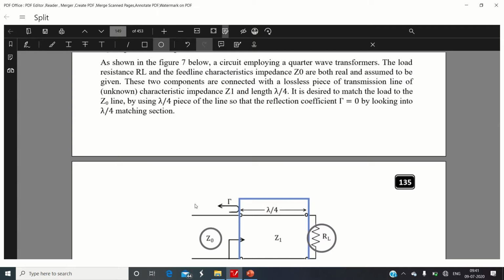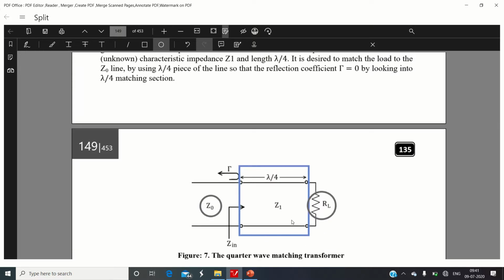These two components are connected with a lossless piece of transmission line. This transmission line has a length of lambda by 4, and it is itself known as the quarter wave transformer.